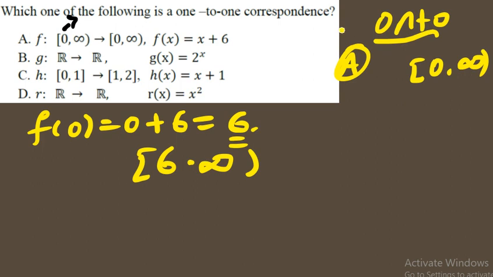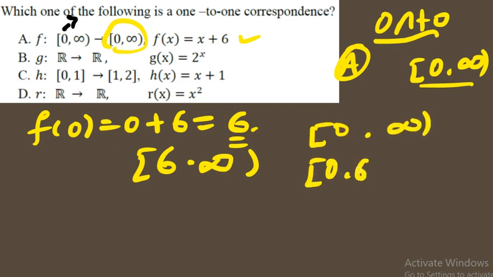Is it onto? How do we check? We just take the range mentioned here. From the domain, we took 0, substituted, and got the result 6. That means the number 6 is the minimum outcome of the given function. So the range was supposed to be from 6 to infinity, because 0 to infinity is the same as 0 to 6 union 6 to infinity.